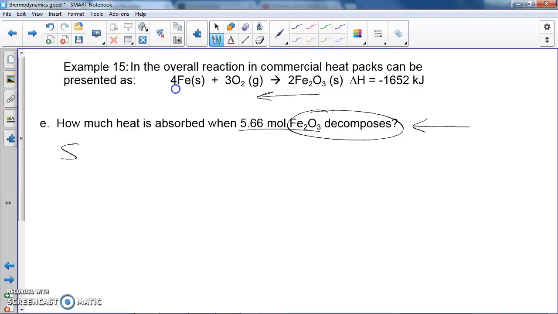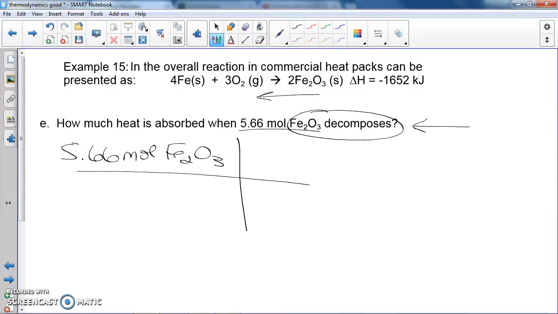So I would take 5.66 moles of Fe2O3, and I know from my balanced equation there are 2 moles of Fe2O3 for every positive 1,652 kilojoules. Now, every time I write a kilojoule or a joule down, I have to pause and think about whether it is supposed to be a plus or minus. I would encourage you to physically write down either a plus or minus.